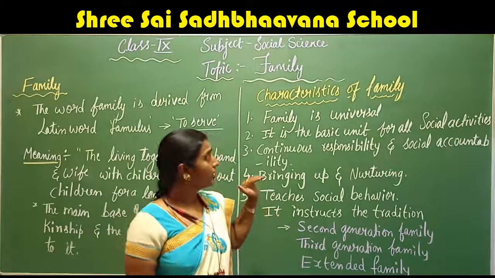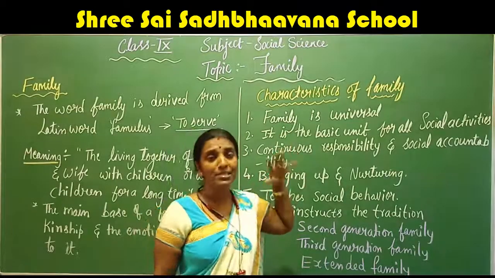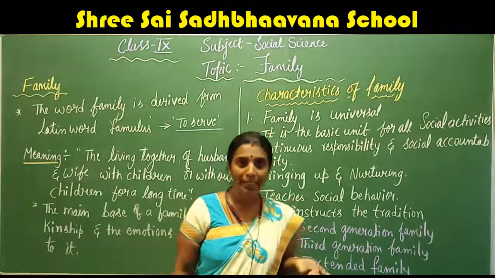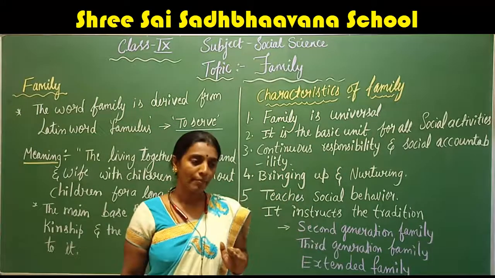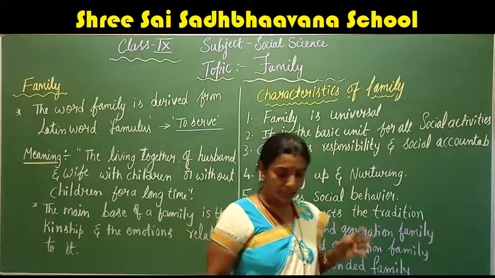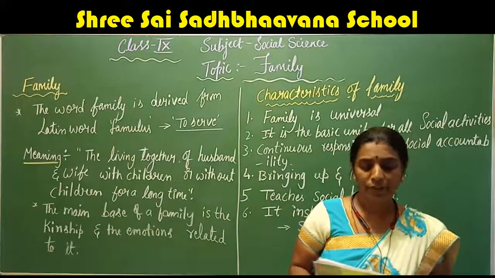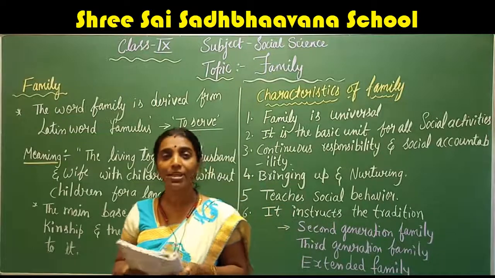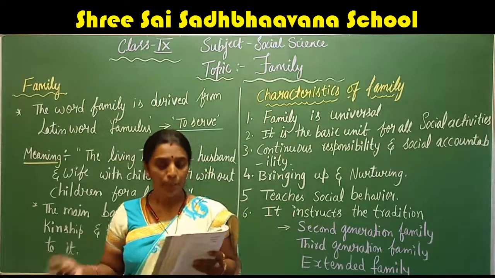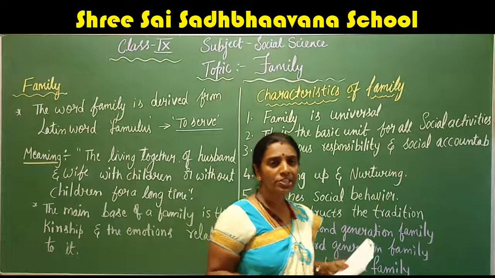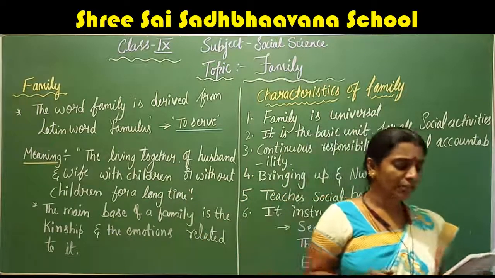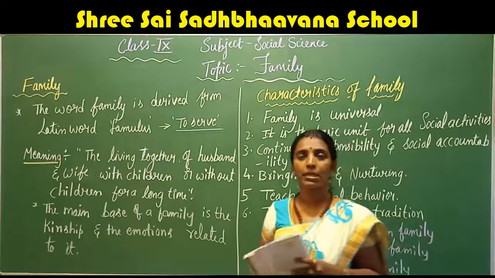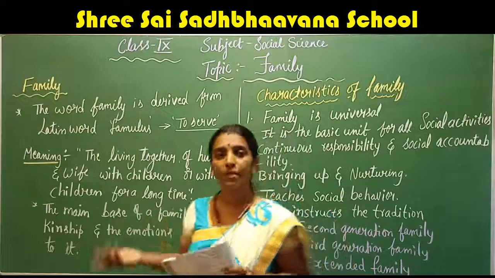So the family is the basic unit for all the social activities. Every activity of the social institutions starts from the family. The political, economical, educational, and several other activities of the society begin from the family. Children, this is very important.